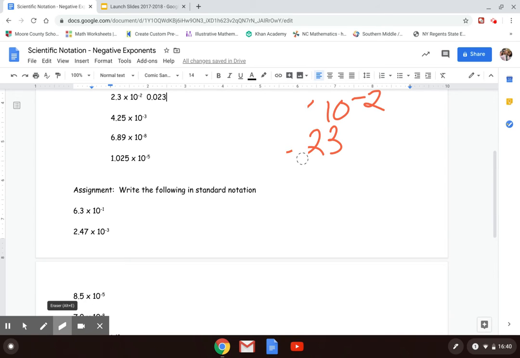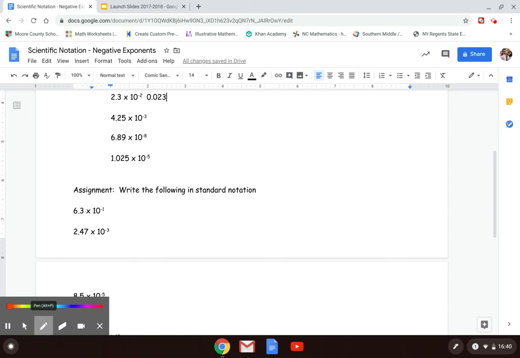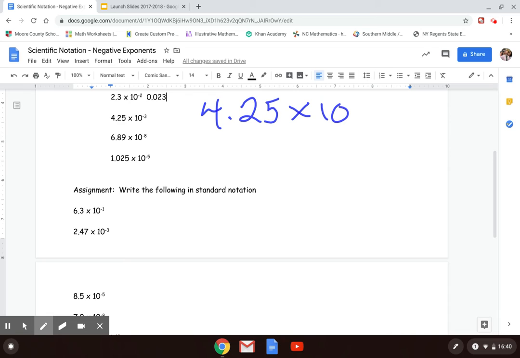Then let me move to the next one, which is 4 2500ths times 10 to the negative third. Again, we do the same thing. I write 4 2500ths times 10 to the negative third, and that means I'm going to move my decimal 3 places to the left, as I'm making a smaller number with a negative exponent. I move 3 places to the left, and the decimal's now there.